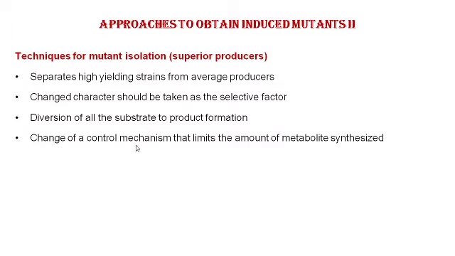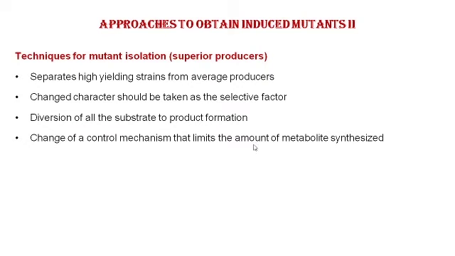The second reason why the microorganism may become a superior producer or a high yielding strain is because it has lost the control mechanism, or has brought about a change in the control mechanism, which earlier was limiting the amount of the metabolite that was synthesized.